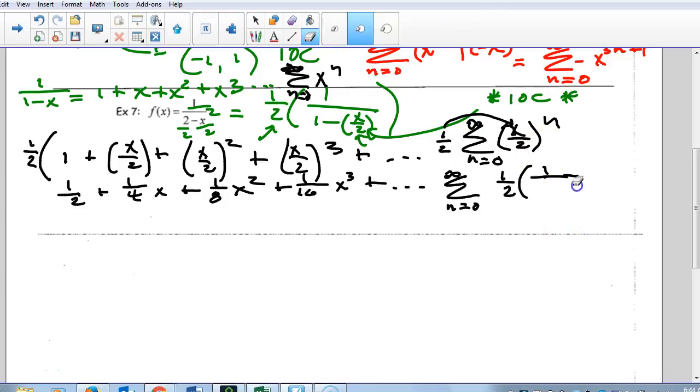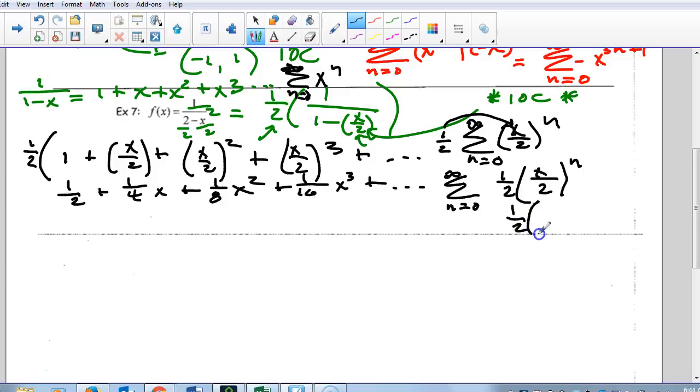Let me jump back and look at this. So all I'm doing is repeating the stuff above. So this is going to be x over 2 to the n. So really this bottom, if I yank out the 2, this is 1/2 times 1 over 2 to the n times x to the n. Correct?